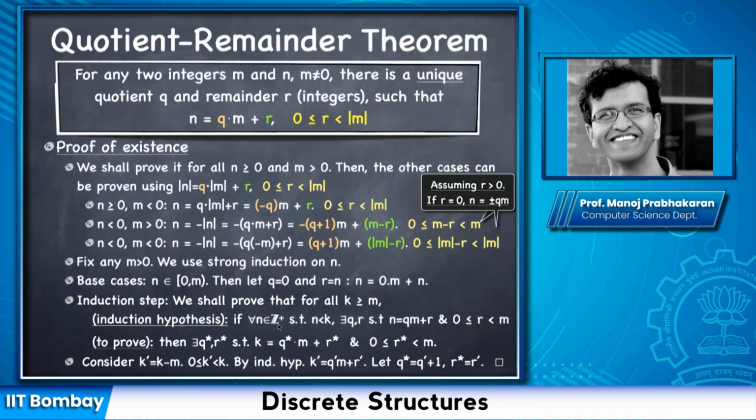So I can apply the induction hypothesis to it and write k prime as a quotient and remainder with the remainder in the right range, 0 to m. My new remainder is going to be exactly the same, and for the quotient, I just need to take the quotient of k prime and add 1 to it. That works because all that happened is k is k prime plus m. So if I add 1 to the quotient, I'll go from k prime to k. Okay, so that's a simple induction argument.